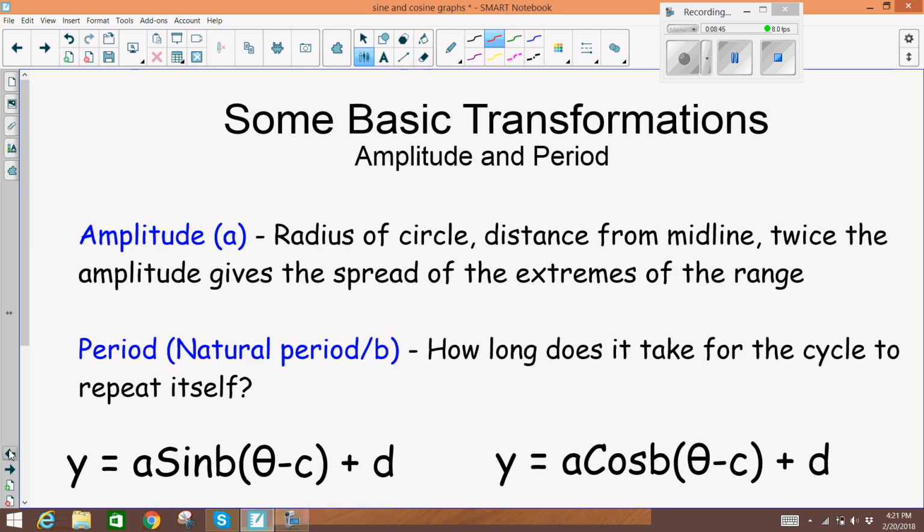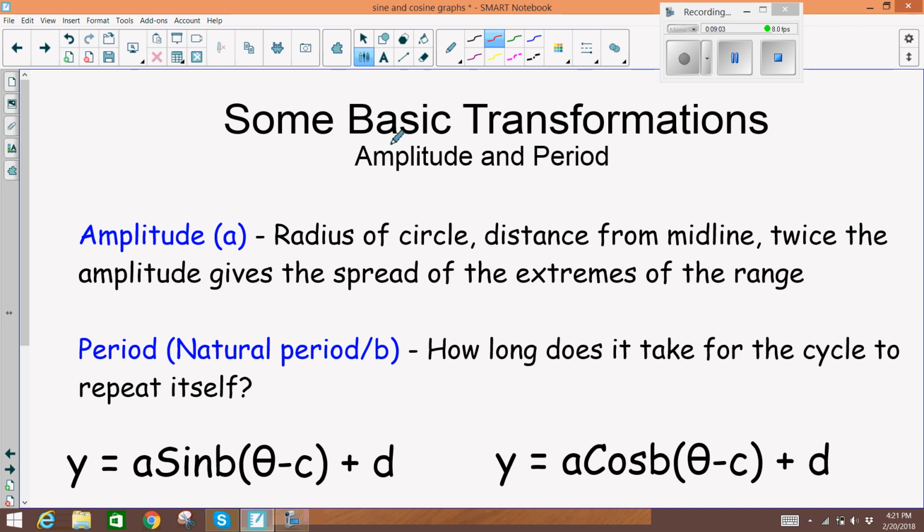I'm going to do some examples where we think about the parent graph. I showed you the parent graph for a sine graph and for a cosine graph. There are a couple of really basic transformations I want to begin talking about.